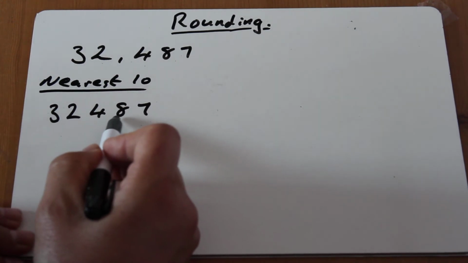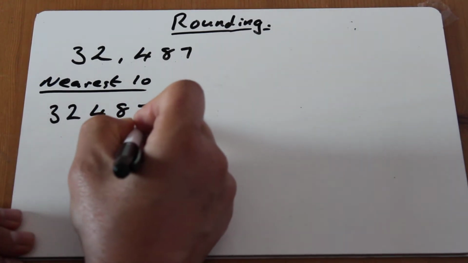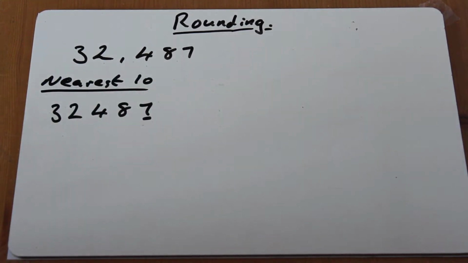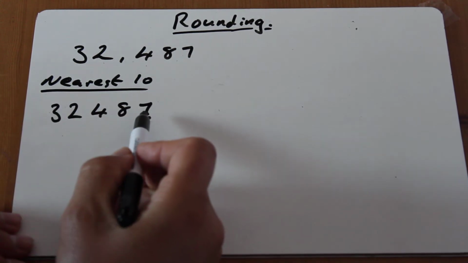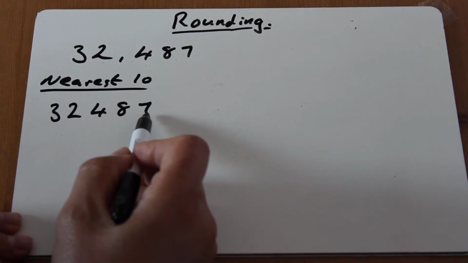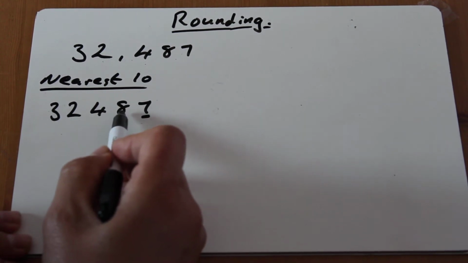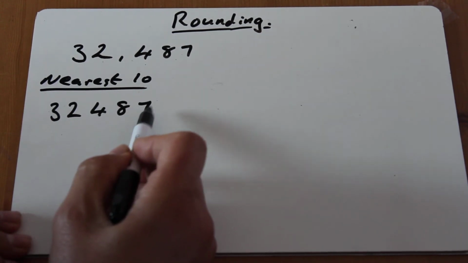So this is the tens column, so we actually look at the units and we use what is known as the 5 or more rule. And what we say is that if this digit is 5 or more, it increases this digit by 1 and then this goes to 0.